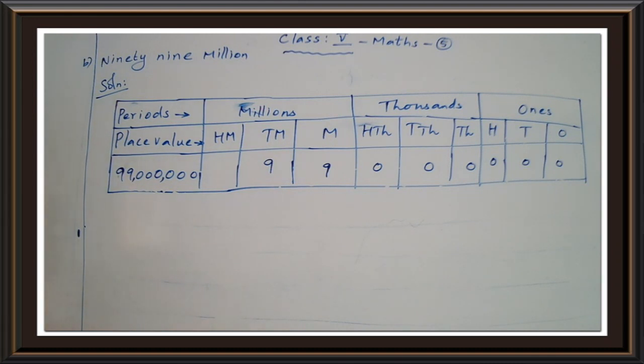Now you write. Continue your writing. In fourth question, B part, 99 million. Your question is 99 million.